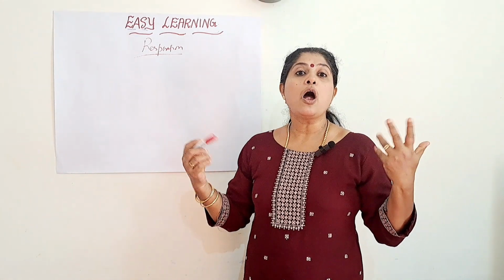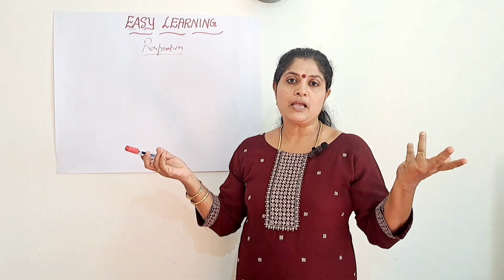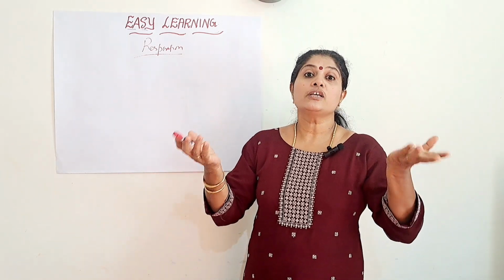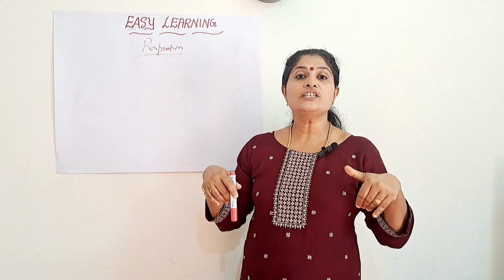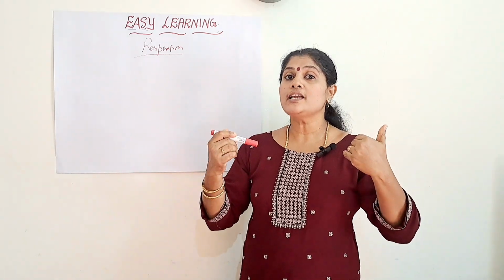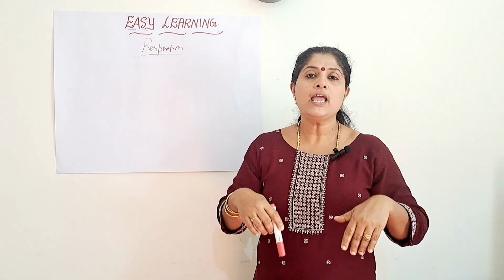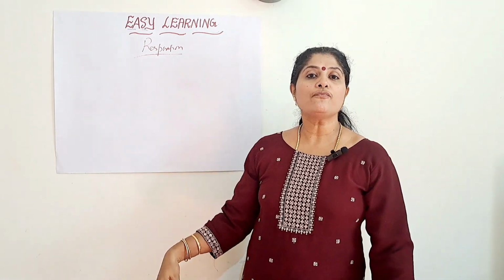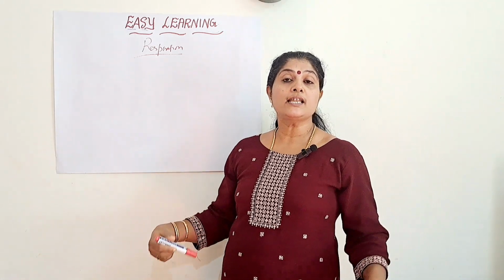Okay, so first we will see the definition of respiration. You know that without respiration, no organism can be alive, isn't it? Respiration means we are taking in oxygen and giving out carbon dioxide. When we take in oxygen, it enters our body and goes to each and every part of the body, that is the cells present inside our body.